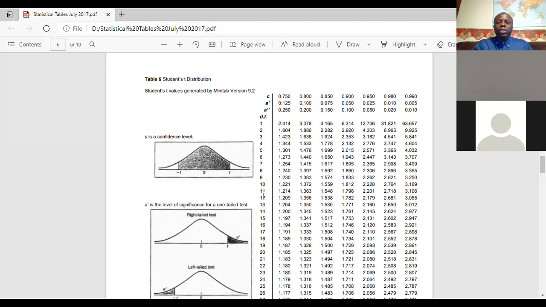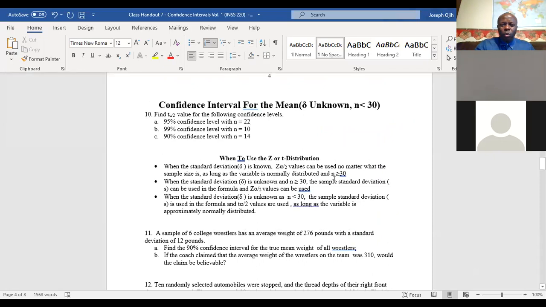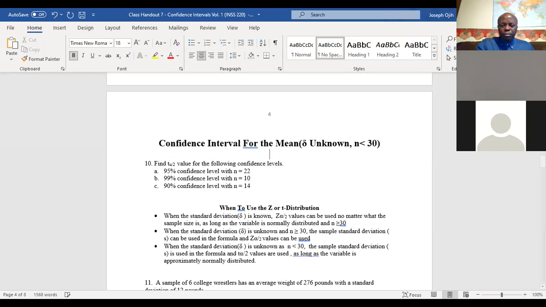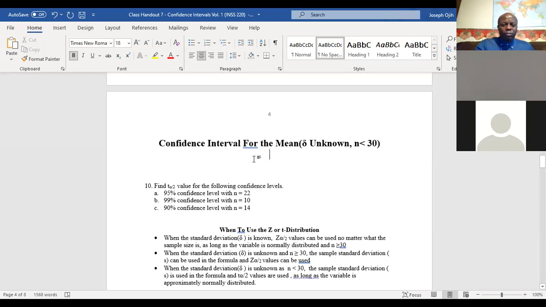Again, it is used only when we don't know the population standard deviation and when the sample size is small. Let me show you how to use this table. This table is based on the sample size and on what we call degrees of freedom, DF.